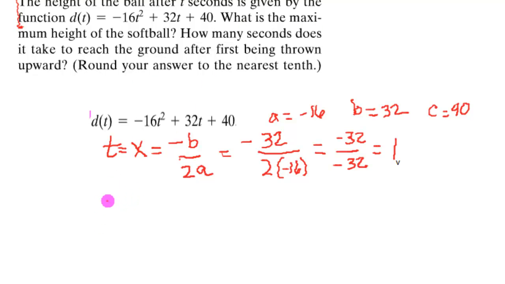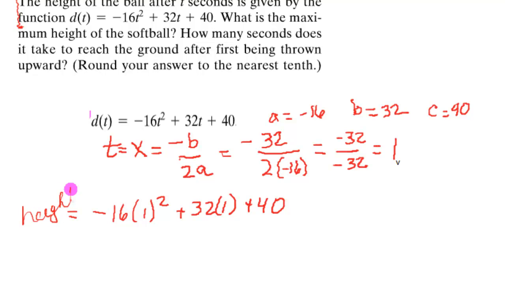So we're going to substitute t equals 1 into the original equation. So negative 16 times 1 squared plus 32 times 1 plus 40 is what we're trying to find, this will be the height. Okay, and so now you do your order of operations. So we're going to square 1, which is just 1, times negative 16 is negative 16. 1 times 32 is 32.